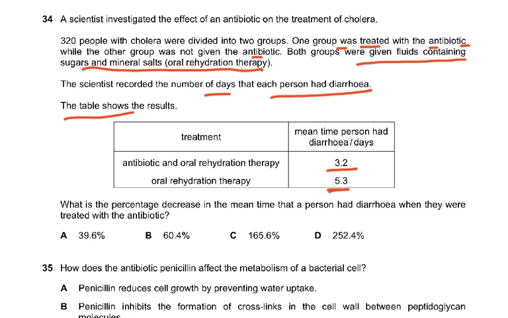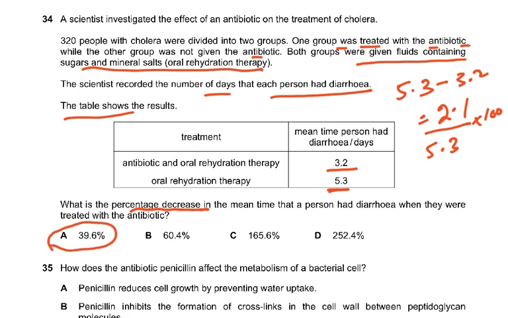So what is the percentage decrease in the meantime? So 5.3 minus 3.2 is equal to 2.1. Divided by what? You will divide it by 5.3 and multiply it by 100.